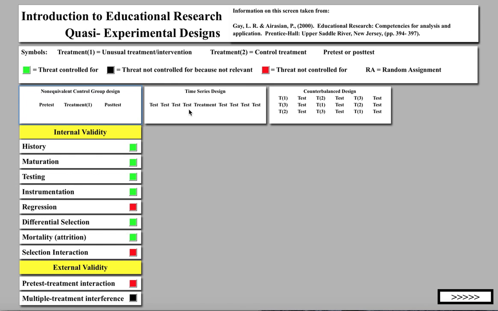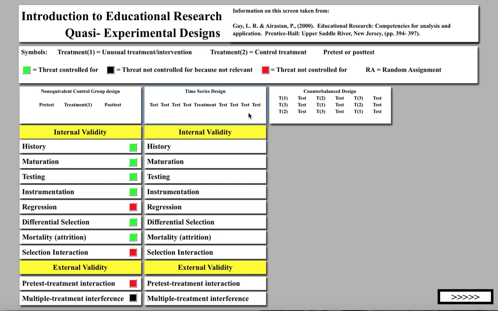And if there is no intervention that takes place, no treatment, they're going to remain there. If the group receiving the treatment scores significantly better on the post-test, we can be more confident that it was the treatment. And let's take a look at the threats that this deals with.